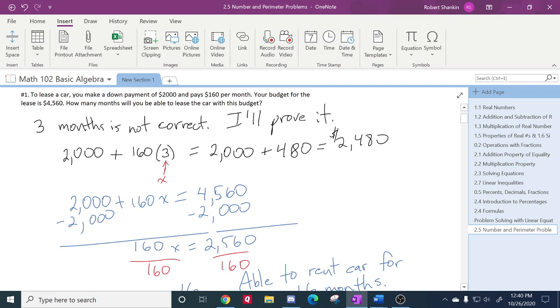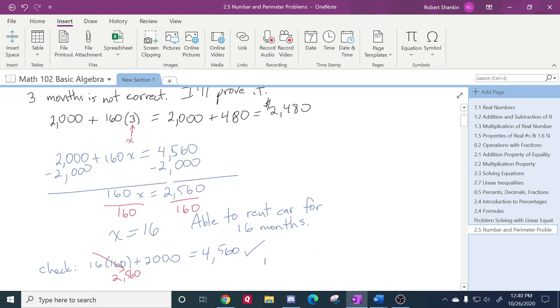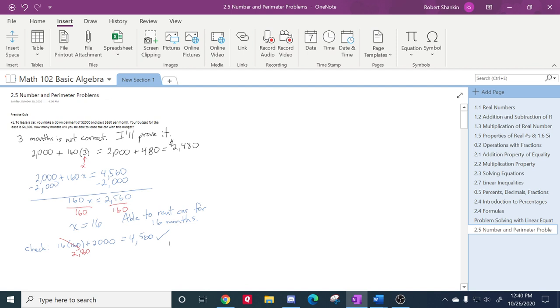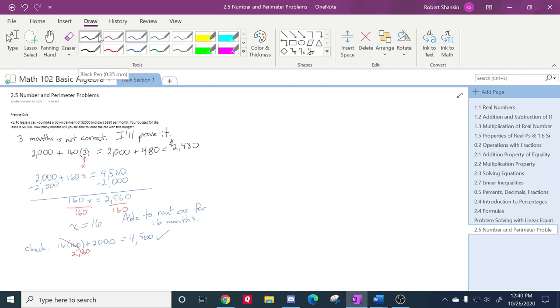It might have been intuitive to look at this problem and say, all right, we start with $4,560. And then one time we're going to subtract this 2,000.